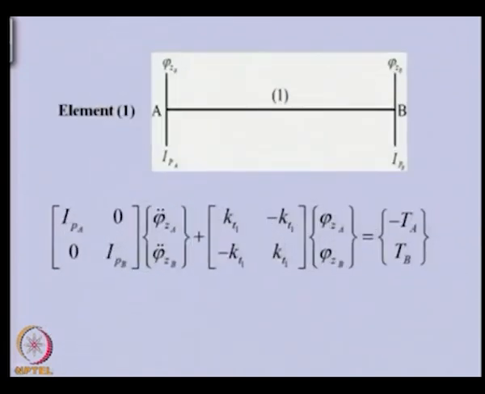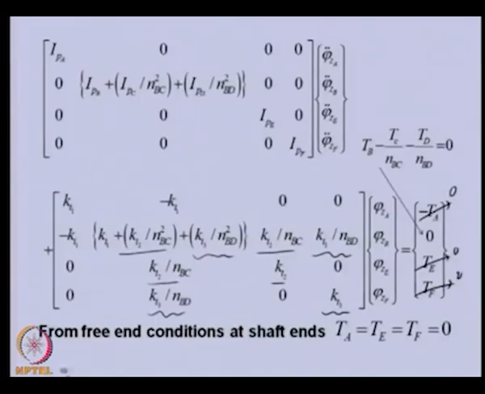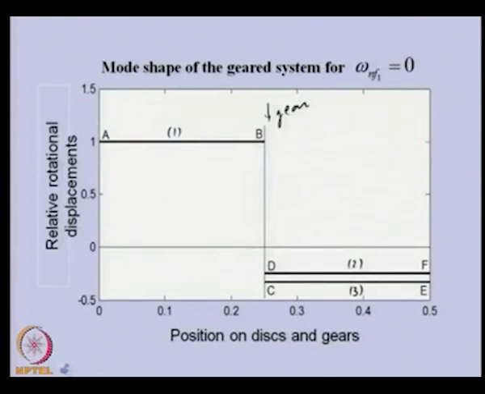We have 2 sets of gear ratio, so one is 3, another is 4. You can see the difference. So this is 1 by 3, or this one is 1 by 3, and this is 1 by 4. So this is gear ratio 3 and gear ratio 4.